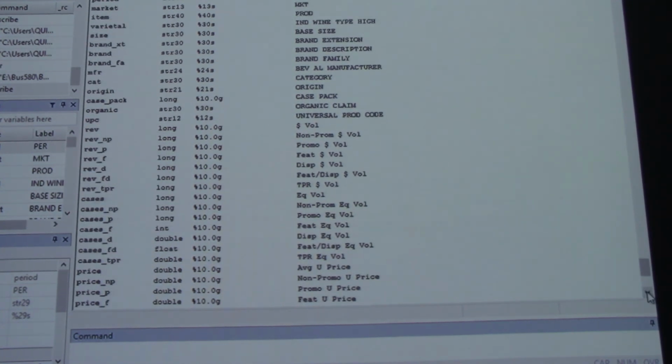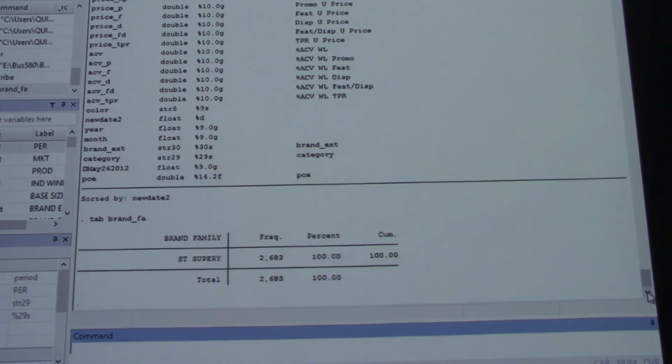Period, again, we'll look at the period. This is 4-week ending data. Market item, again, is the SKU. Varietal size. This is the only item in here. The only brand in here is St. Super.